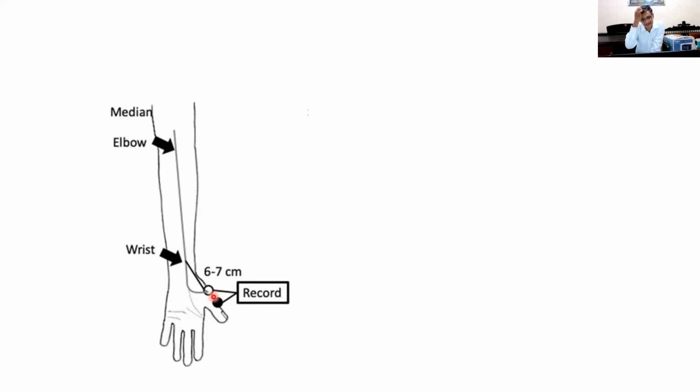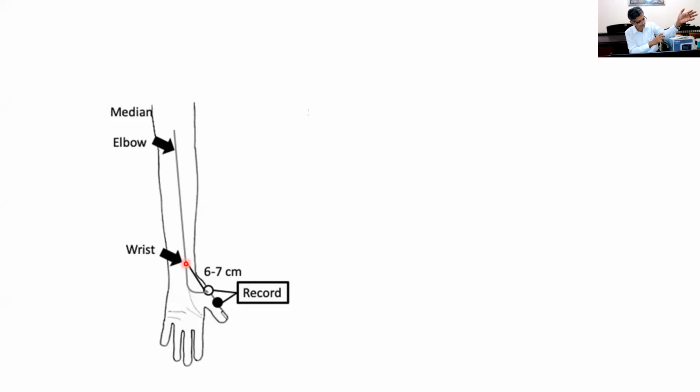Right? We can stimulate the median nerve at the wrist, keeping the recording electrodes here, or we can stimulate from the elbow. When you stimulate at the wrist, it takes less time; it quickly goes and stimulates the muscle.